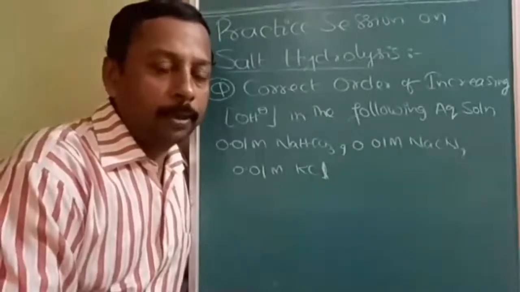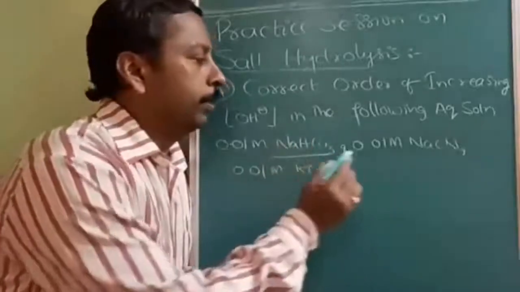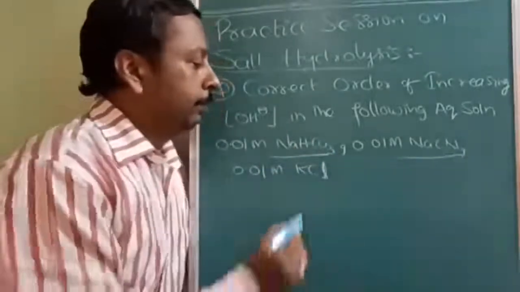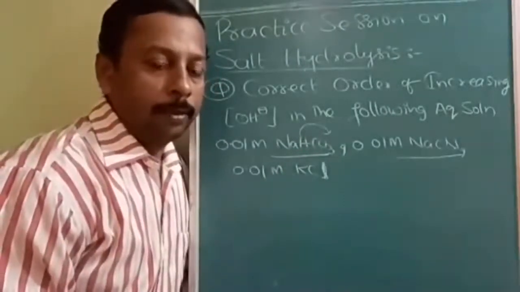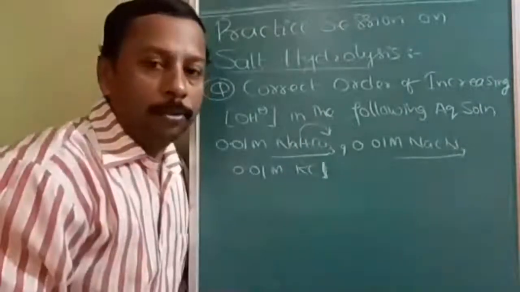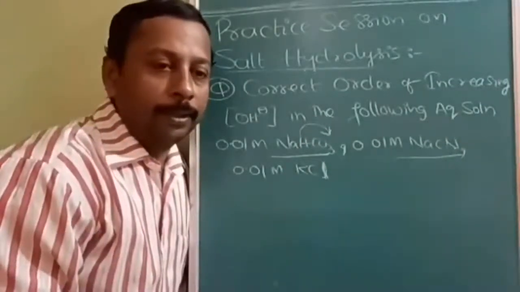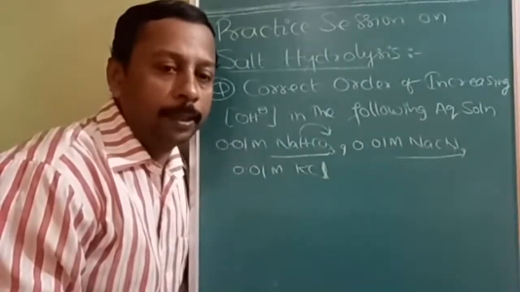Here three types of salts are given. What is that? Sodium bicarbonate, NaCN. I think you have understood this now. If not understood, then there is a topic today evening. Sorry, the next lecture is going to be on polybasic, polyacidic, that is polyprotic acids. You will find it on the thumbnail.